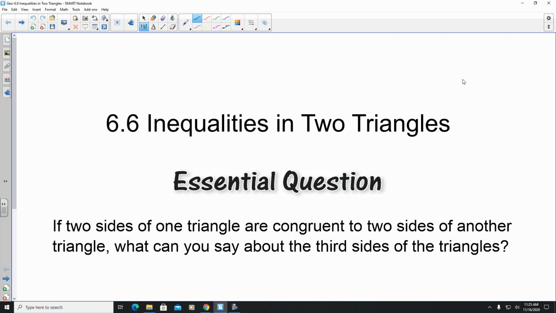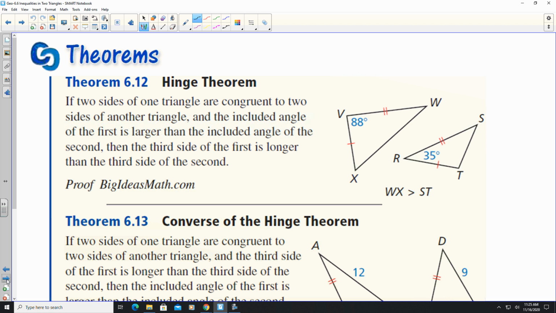Well, there's a couple things. One, we have what is called the Hinge theorem, stating that if two sides of two triangles are equal to each other, so in this case, they're saying that VX is congruent to RT and VW is congruent to RS, but with also, between them, two different interior angles between the two congruent sides.